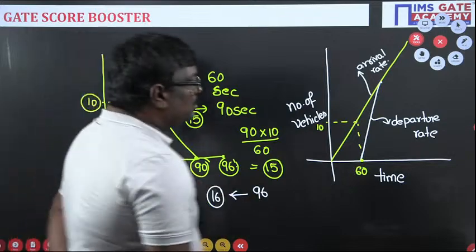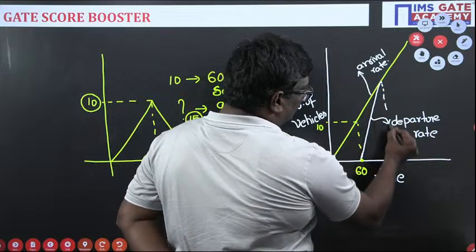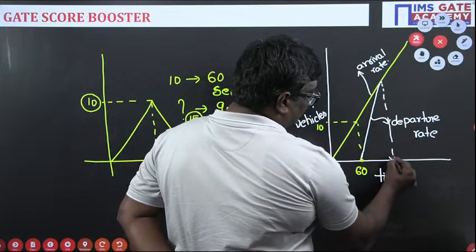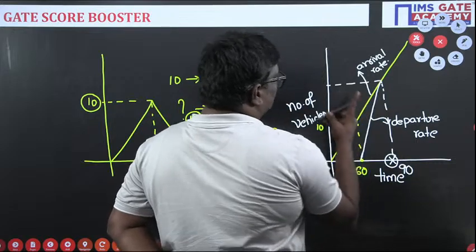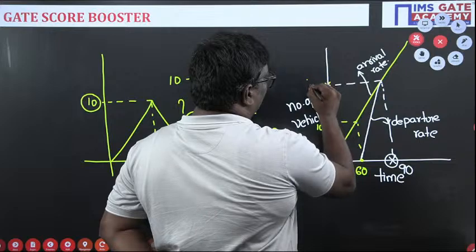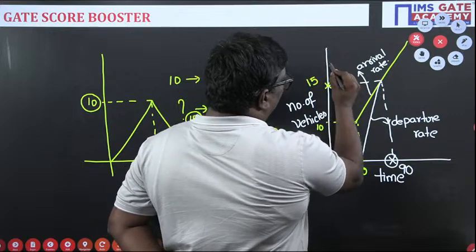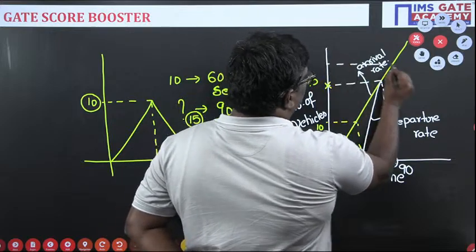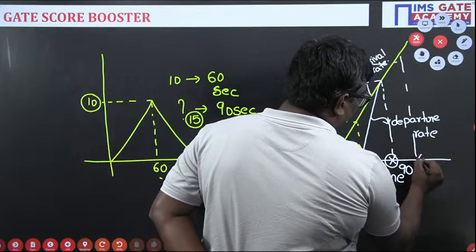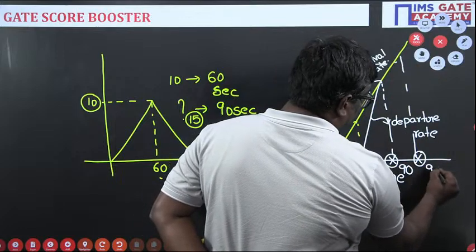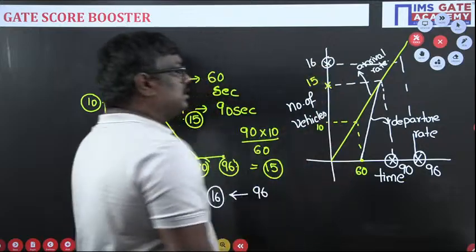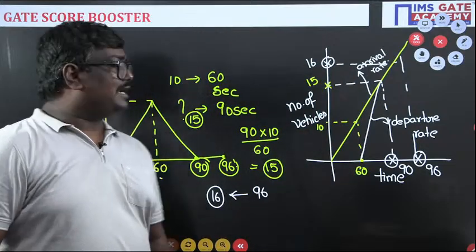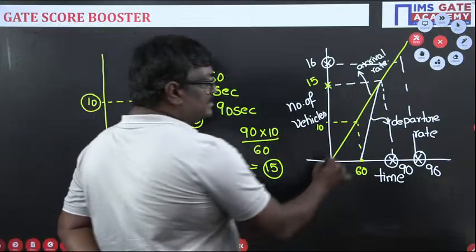Okay. So see students, if I draw here the 90 value, this will be equal to 15. Similarly, if you draw here 96, the time here is 96 seconds and the number of vehicles is 16. Now, what is asked in the diagram? Average delay per vehicle.